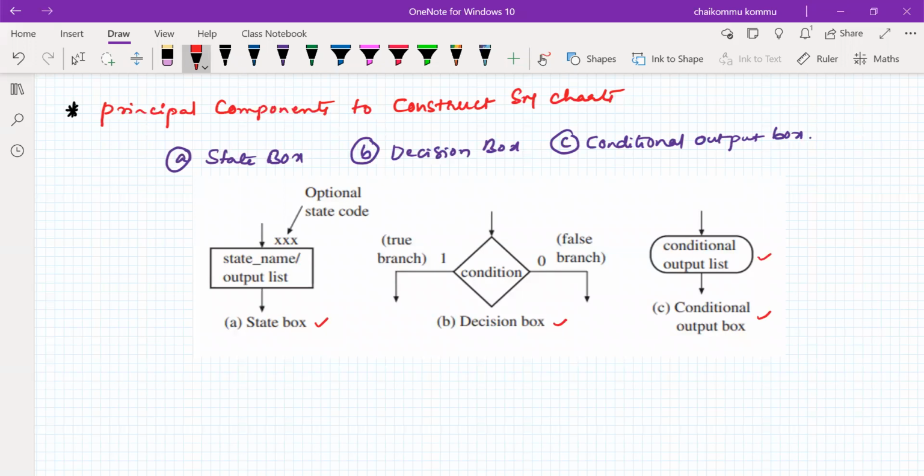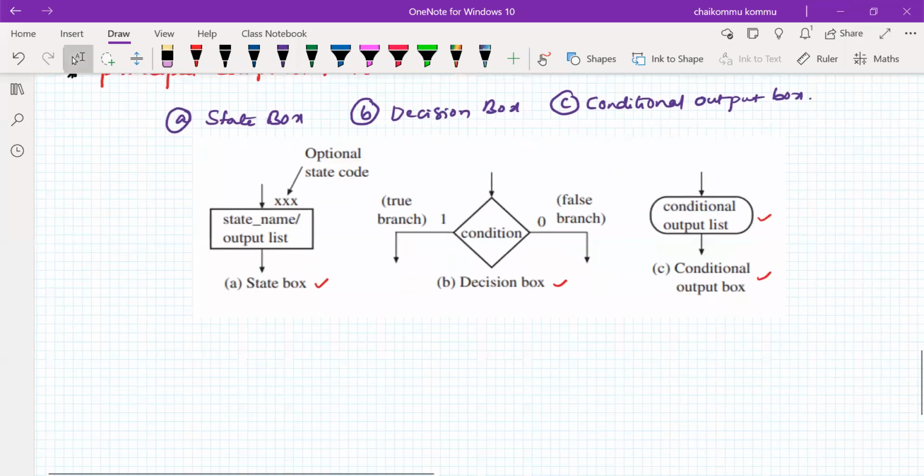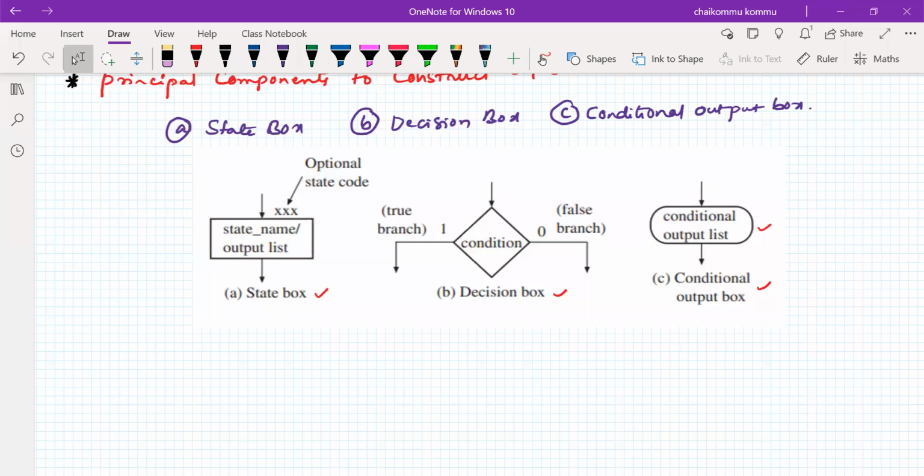That is called a conditional output. These are the basic components we use to construct any SM chart. Later, we are going to construct an SM chart for a particular digital application with the help of these. So we will see later on. For the time being, the basics are clear.